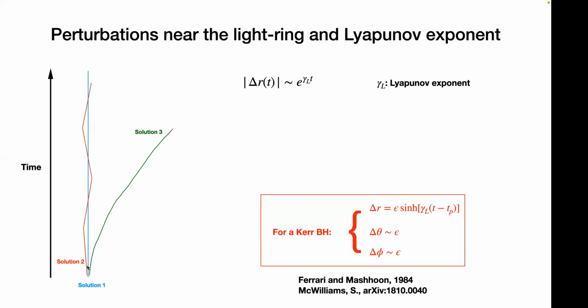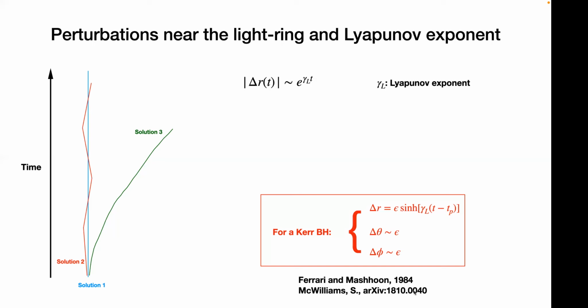If the deviation always remains bounded, like this solution 2, this solution is stable. But if the deviation grows exponentially, like solution 3, then this motion is unstable. The coefficient in front of time is called the Lyapunov exponent. For a null geodesic around a Kerr black hole, it turns out that its angular direction is stable, but the radial part is not. It is given by a sinh function.